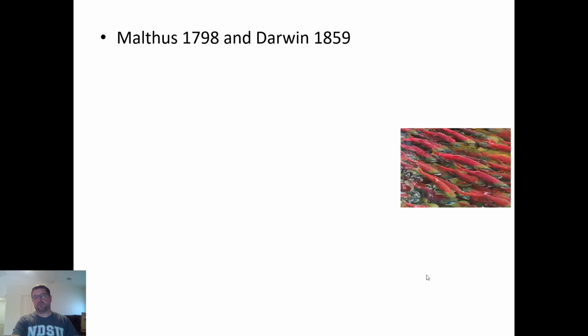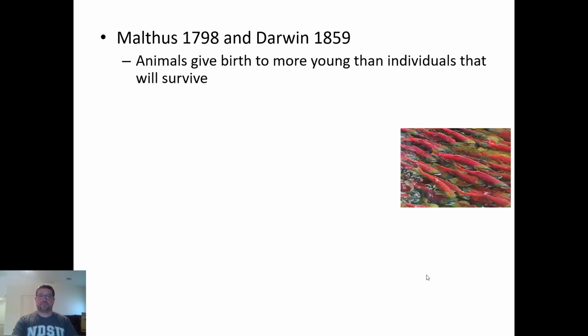And that's part of where the information in the book he wrote in 1859, On the Origin of Species by Natural Selection, came from: Malthus's work on humans, and then his realization that it's not just humans. All organisms can do this, and they do. So animals give birth to more young than individuals that will survive.